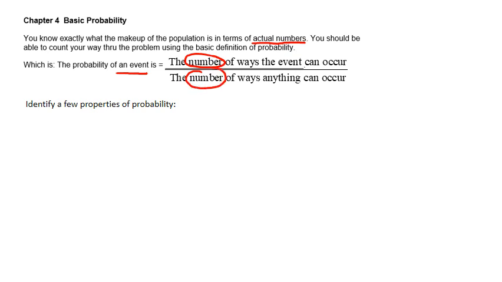In other words, if you know how many things belong to the population, I have a population of 200 people, 20 drink Coke, 40 drink Pepsi, etc. That sort of setup. Then most likely, if it's a probability question, you should be counting your way through it.